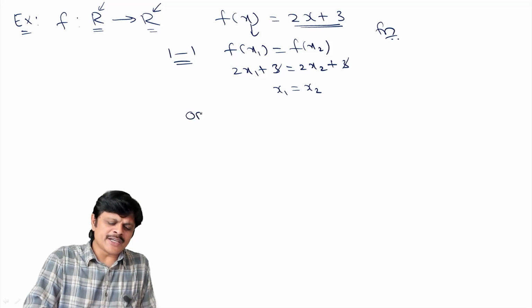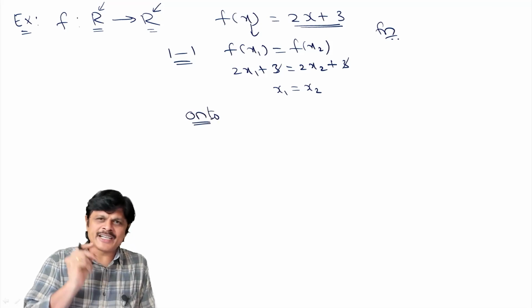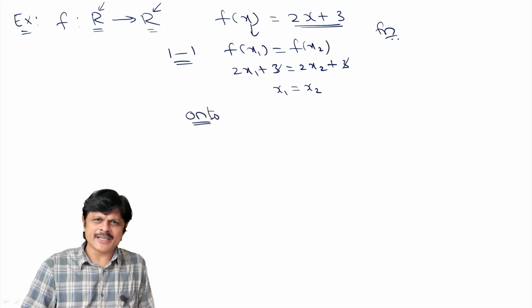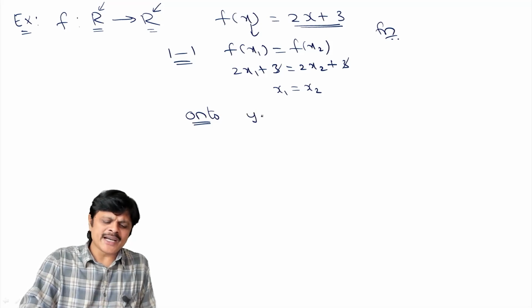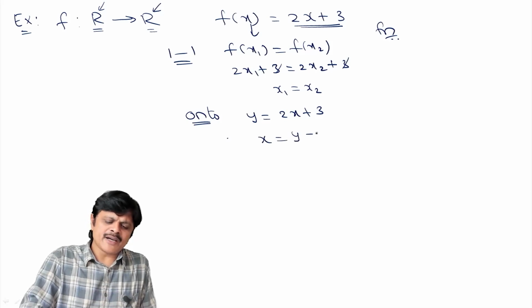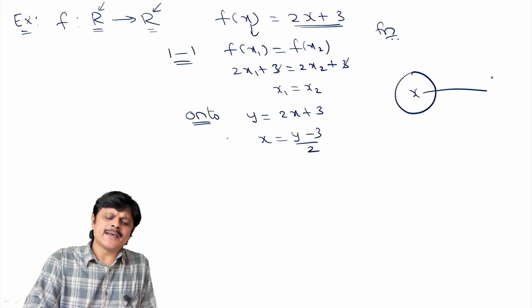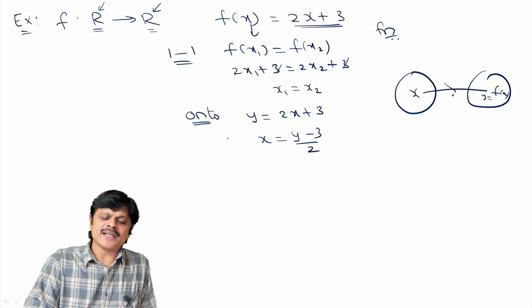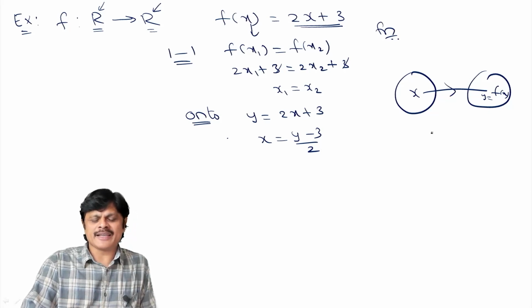Now you need to check whether it is onto or not. Because when it is 1, 1 and onto, then only the inverse will exist. Okay. Onto means write y is equal to 2x plus 3. Now write x in terms of y. So what is x? (y minus 3) by 2. Now see the idea, sir. This is x mapped to f(x). We call it y. That is y in terms of x.